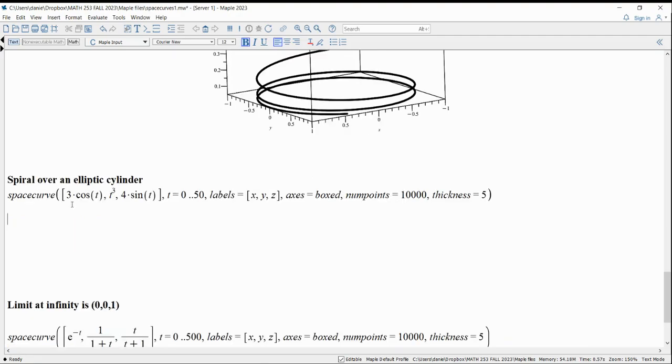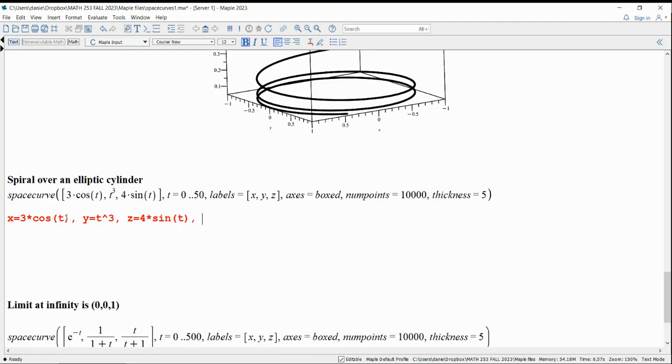If you want to identify the surface this curve lies on, we can still exploit the fact that cosine squared plus sine squared is equal to 1, but you need to isolate them first, the cosine and sine. Notice the x coordinate is 3 cosine of t, y is t over 3, and then z equals 4 sine of t.